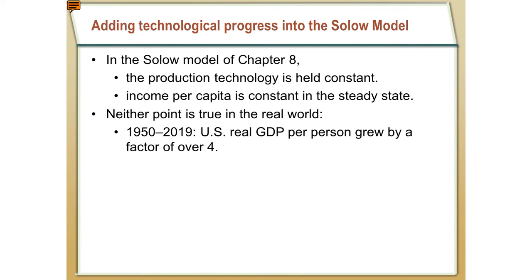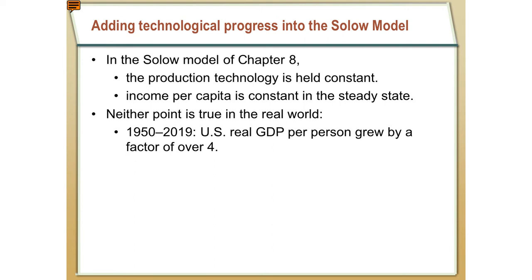So on average, U.S. real GDP grew by something on the order of 2% a year on average, and between 1950 and 2019, increased by a factor of 4. So clearly, we are better off than we were 70 years ago. So how is that true if the Solow model we've been looking at so far is accurate? Well, the thing we've omitted, just like Thomas Malthus did, is technology. So now that's what we're going to do here.